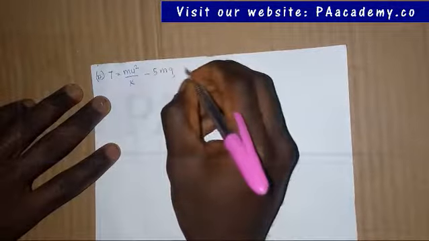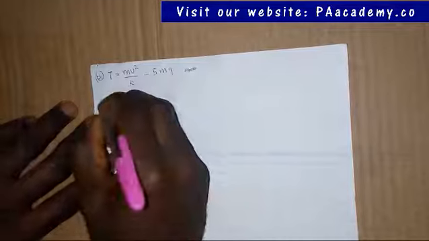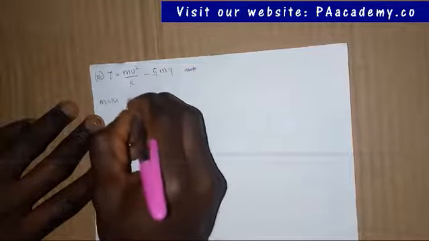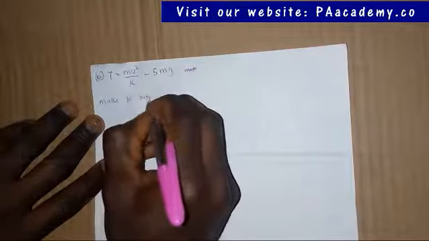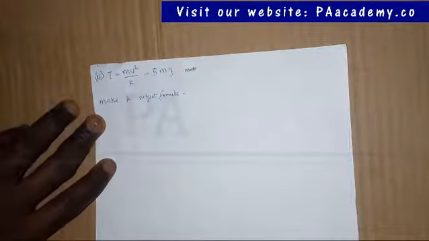So here we are to make k the subject of the formula. So let me just write it. Make k the subject formula. T equals mu square over k minus 5mg.